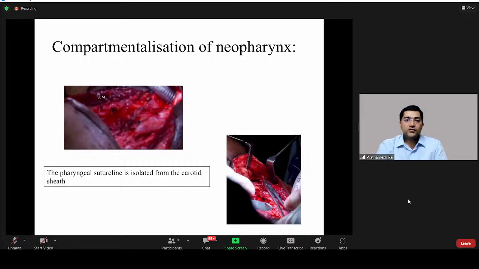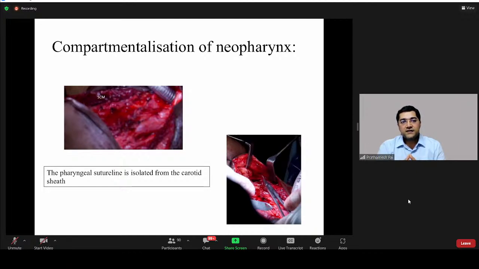So that in effect will isolate the entire pharyngeal compartment from the lateral compartment. Usually in post-radiation cases, or in cases where there is a large pharyngeal defect and you have closed primarily, I would consider this compartmentalization because the chances of leak are higher in these patients.